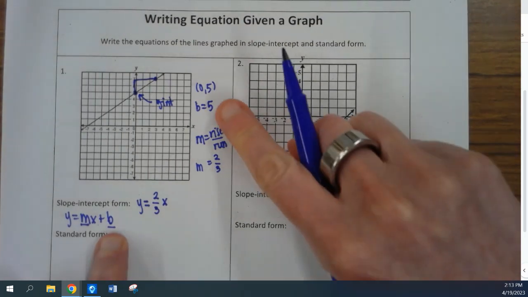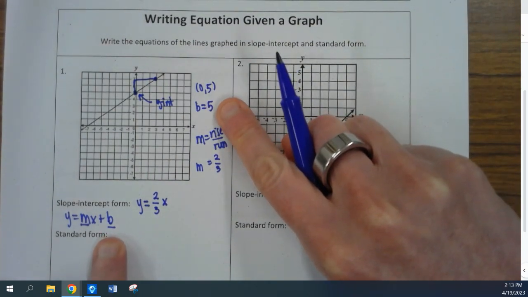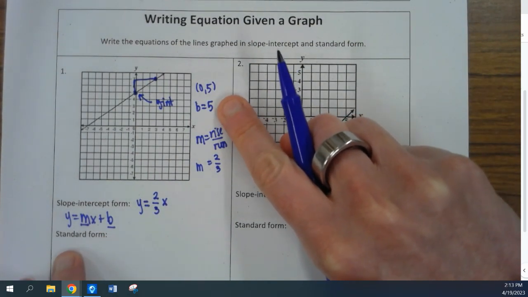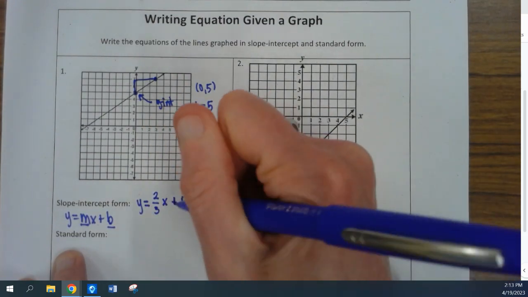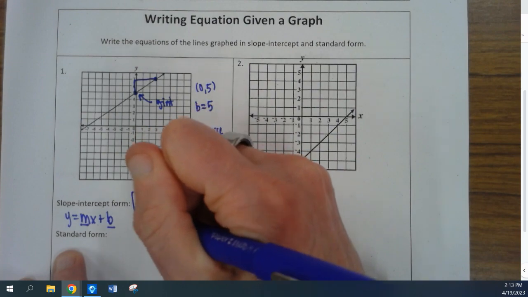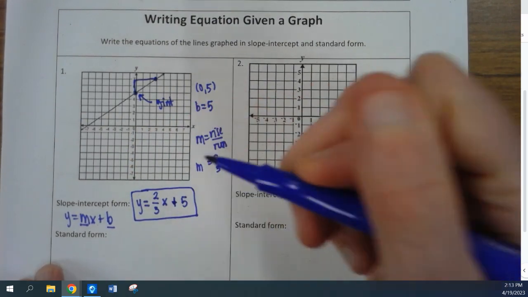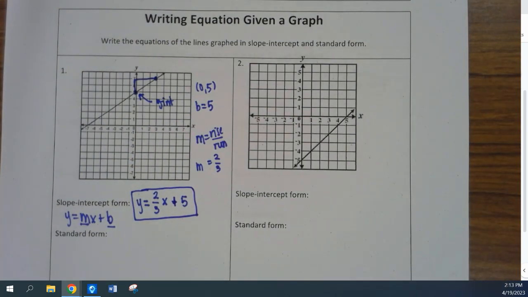In this case, my b was positive 5, so I'm going to put plus 5. If this had been a negative number, we would put a minus, but this one is positive. So we're going to do plus 5. And that right there is my slope-intercept form. And it's, again, called the slope-intercept form because we can easily identify our slope and our y-intercept.